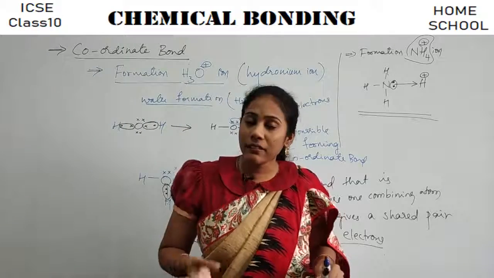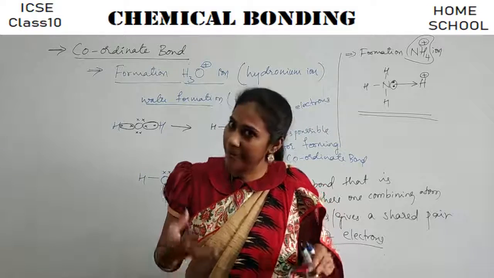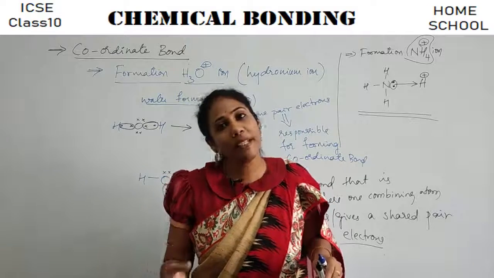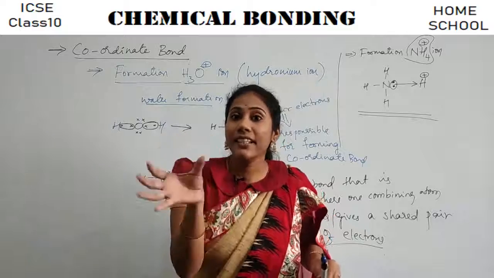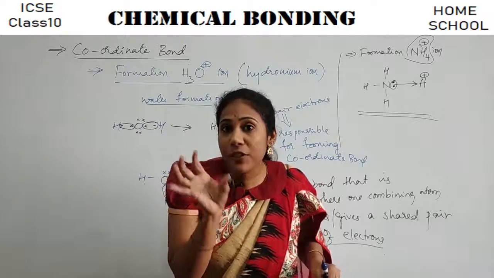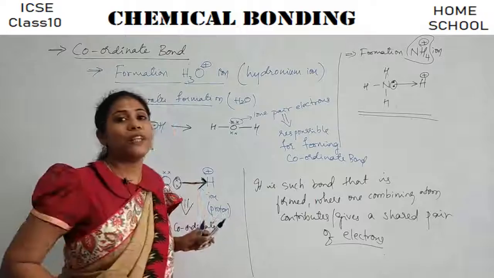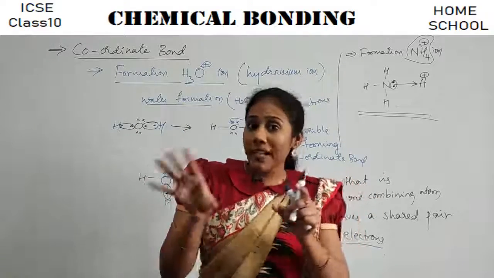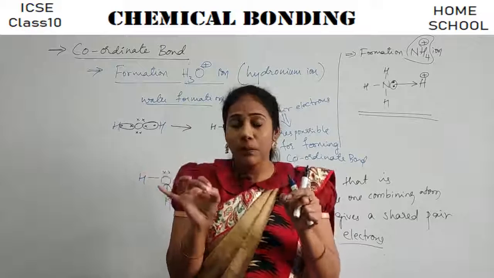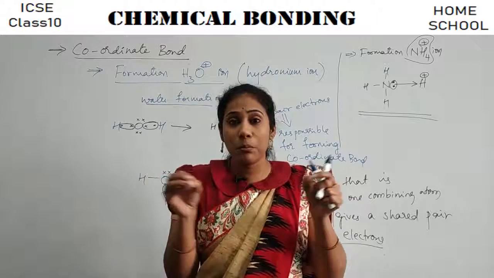Even hemoglobin. Where is hemoglobin present? Blood. What is the purpose of hemoglobin? It carries oxygen. So hemoglobin is a chemical, guys. In that chemical, you know what type of bonds you will observe? Coordinate bonds you will observe. Right? So in nature, many of the complex molecules which exist, most of them are colored molecules.